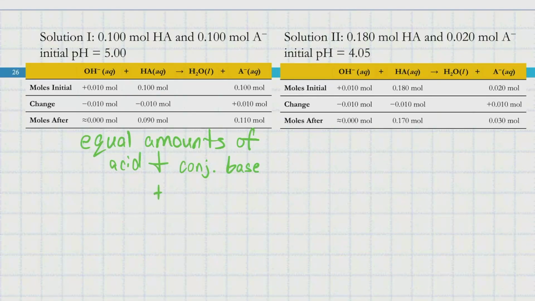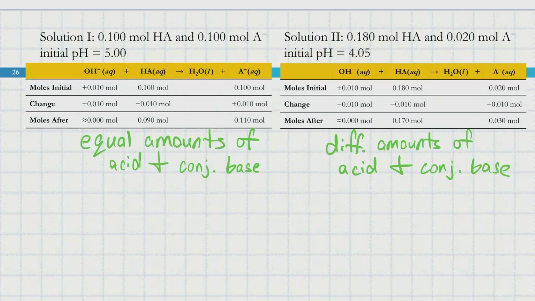So that's plus, and this top one is "and". It's not necessarily relevant, I just don't know if I've mentioned that before. In our solution 2, we have different amounts of acid and conjugate base.